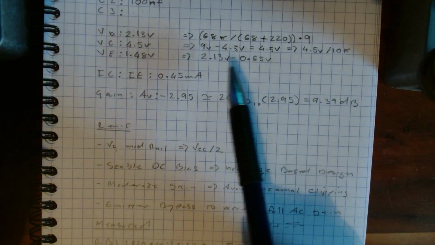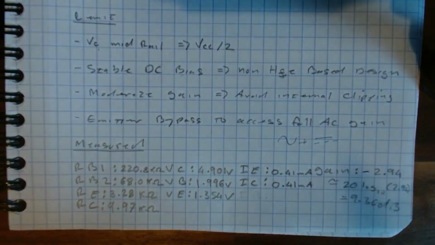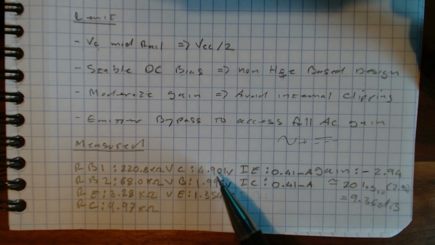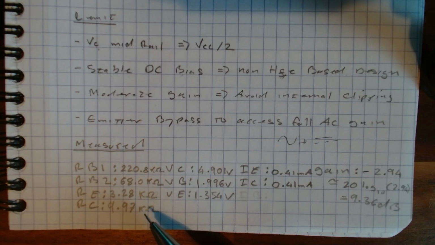When we have a look up here, these numbers, and when we run that with our numbers down the bottom here, we end up with our 4.9 and our 1.96 and our 1.35, all of which we saw on the circuit with these numbers over here.